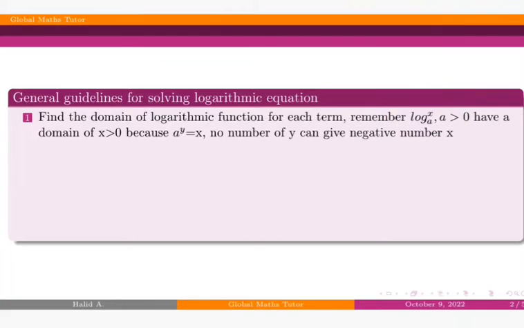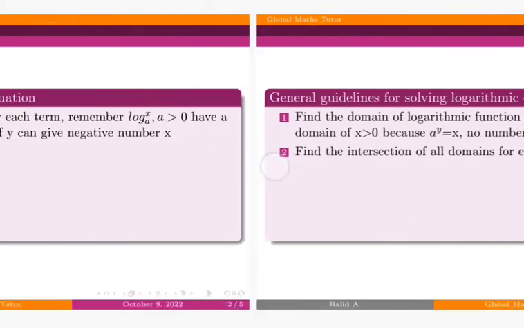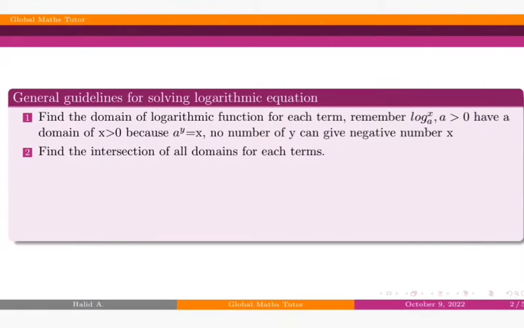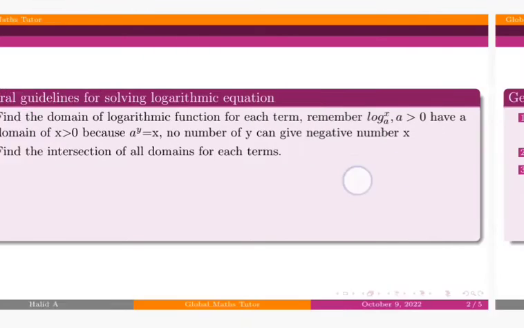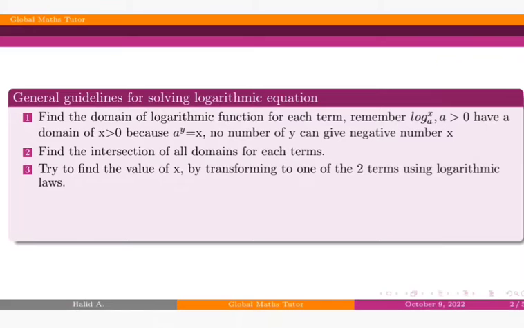After solving the domain of each term, we need to find the intersection of each domain, because the solution that we get has to fulfill the domains of all terms. After finding their intersections, we can solve the value of x by any method you want. Basically here we will use one of two methods.